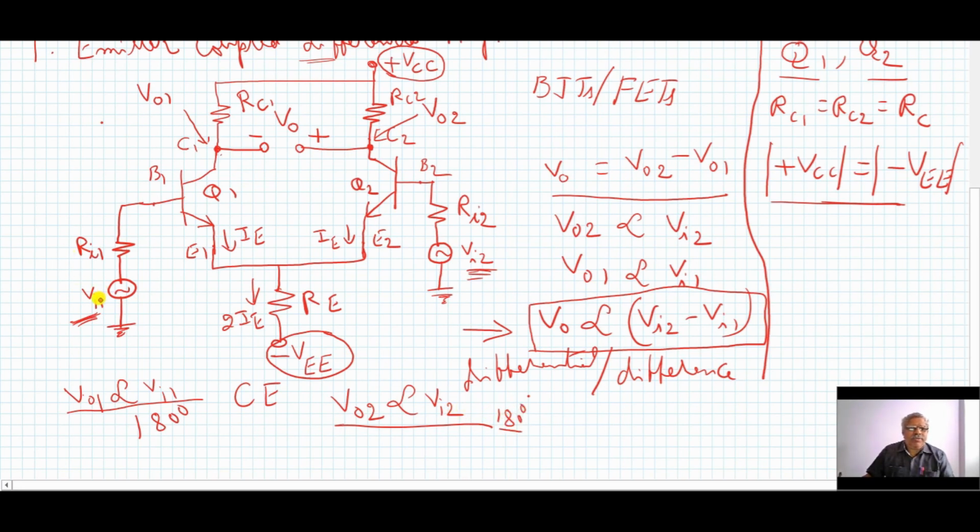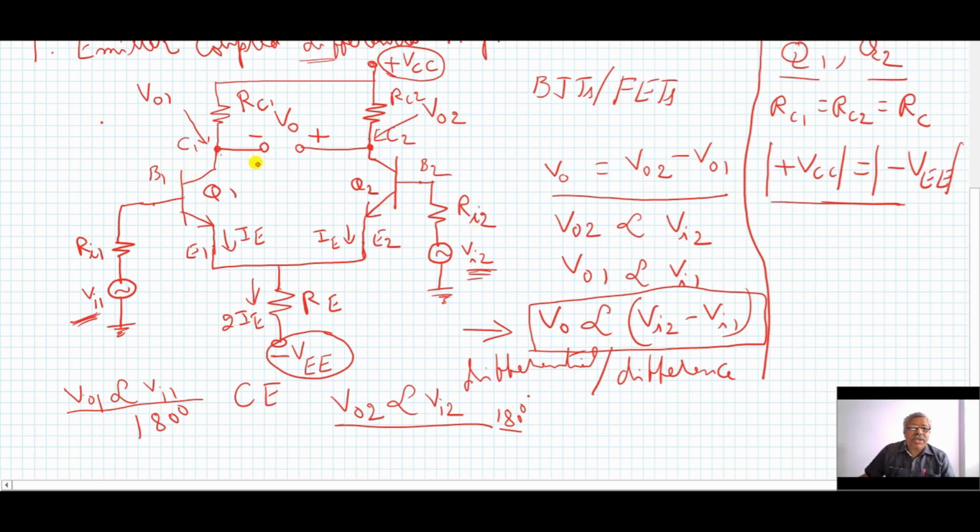So if Vi1 is positive, V01 will be negative. If Vi1 is negative, V01 will be positive. If you come to the second transistor, if Vi2 is positive, V02 is negative. If Vi2 is negative, V02 is positive.